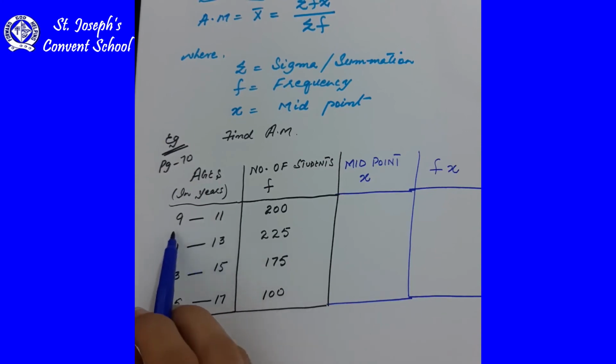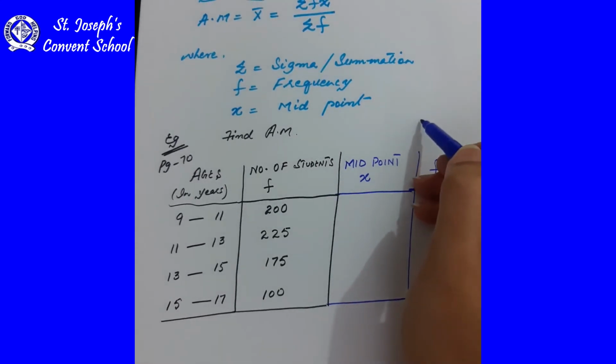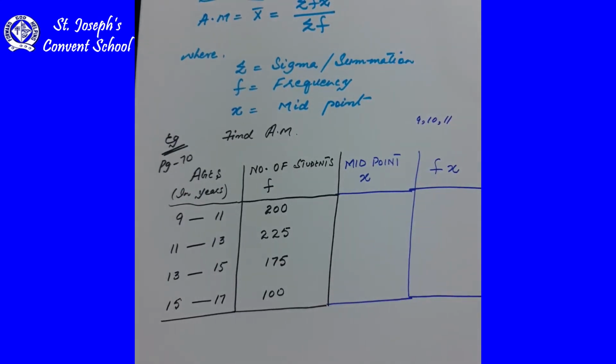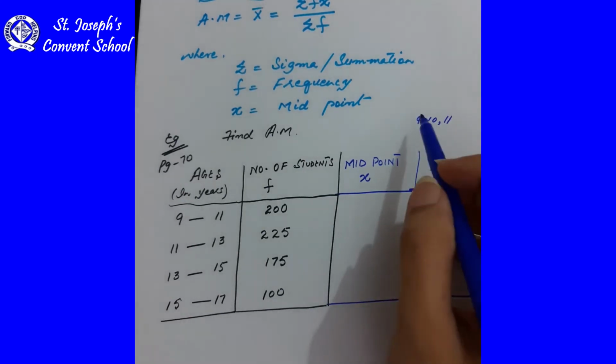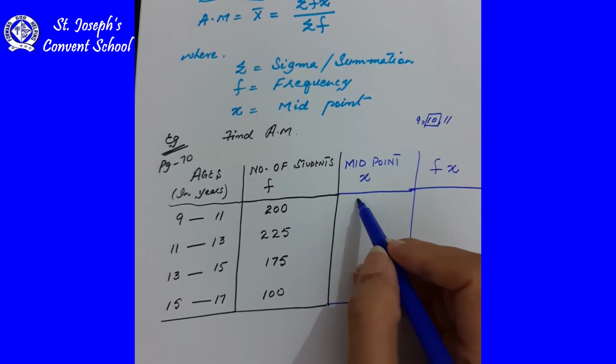The first method is you see in this group how many numbers are there. 9 till 11 means numbers are 9, 10 and 11. Now the middle number here is this 10. So the middle value is 10, midpoint.